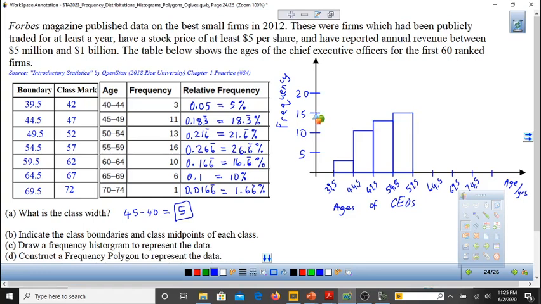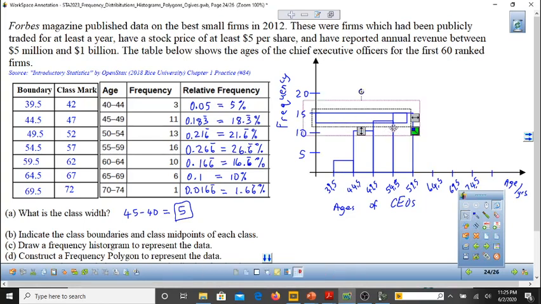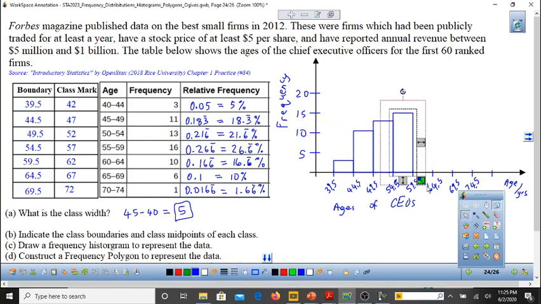And if I were to line this up correctly, I would just say, well, that's 16. And then the next one will be 10, from 60 to 64, that would be 10.